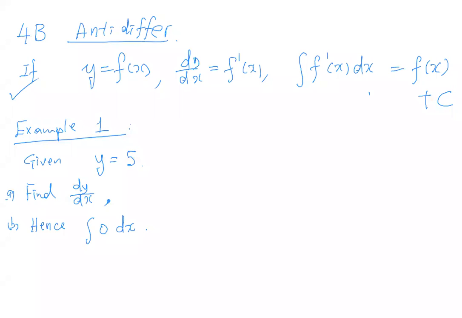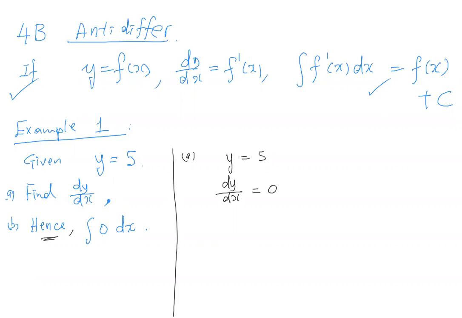If I follow this method, look, I'm going to give you the answer in black. So part A, y equal to 5. Madeline, what is dy/dx? 0. So do you see I use the word hence?